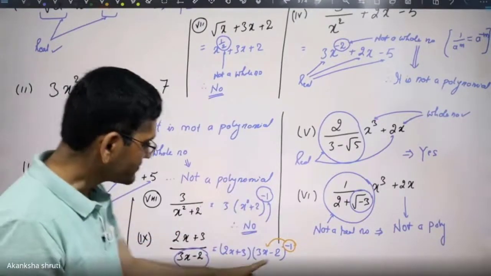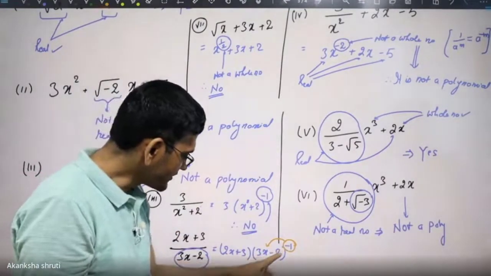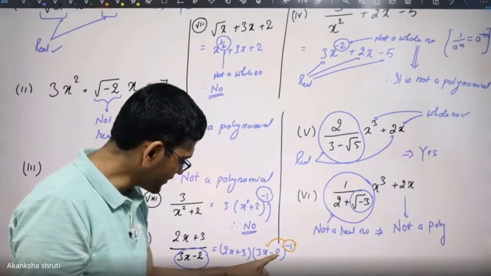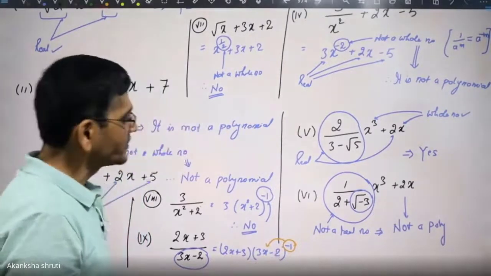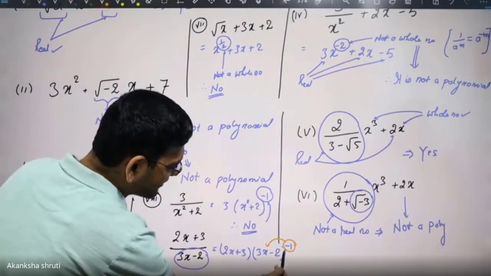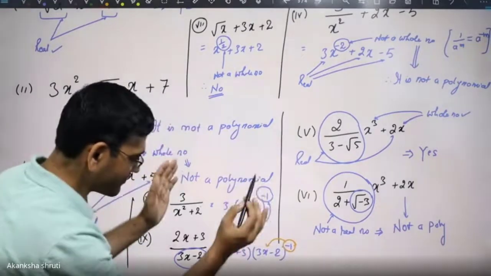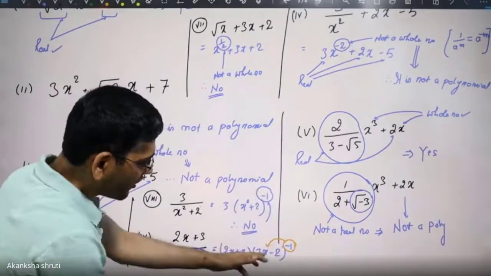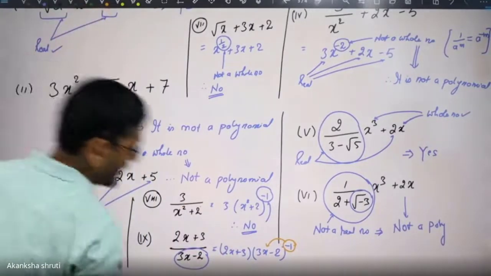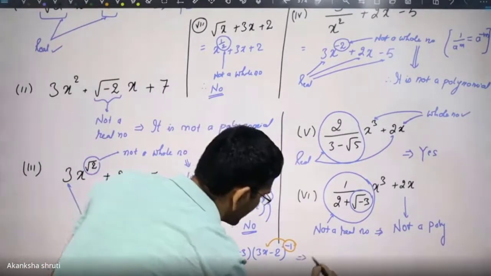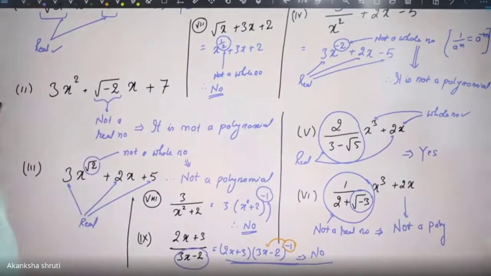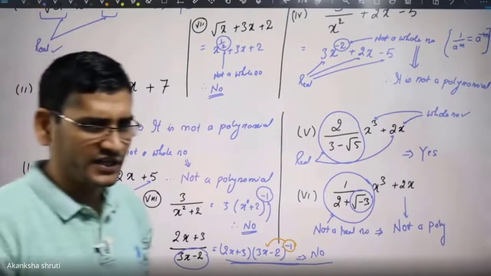So don't worry for that. You just observe if there is any negative power, either bracket to the negative power or individual x negative power, the answer is no. It cannot be. Okay, students? तो इतना सिंपल सा चीज आपको ध्यान में रखना है.